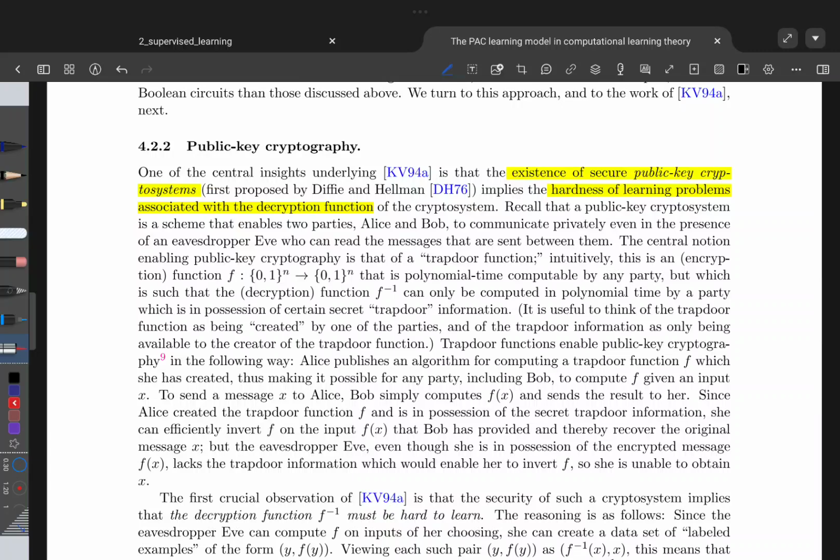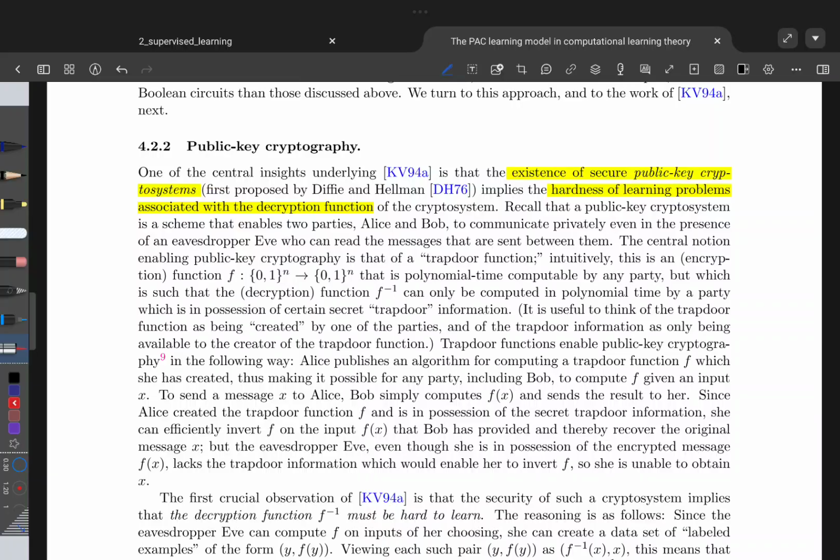Maybe one last point I want to make is the connections between cryptography and learning theory. To design a crypto system efficiently, some of these problems are equivalent to showing that certain functions are easy to compute, but certain functions are hard to compute.